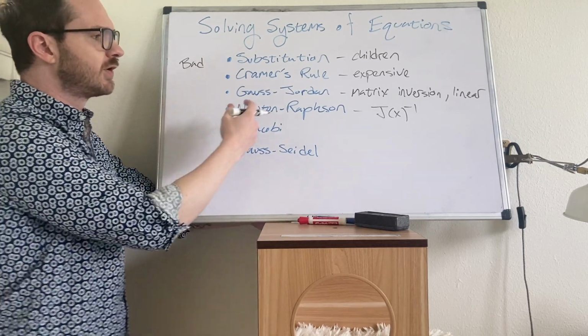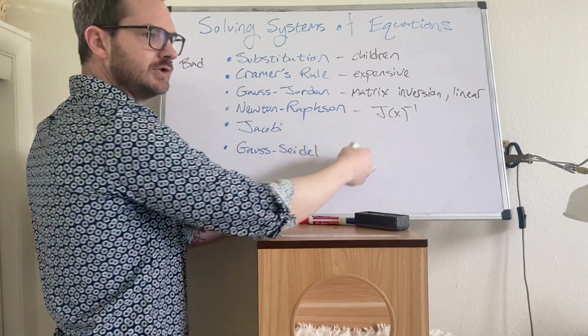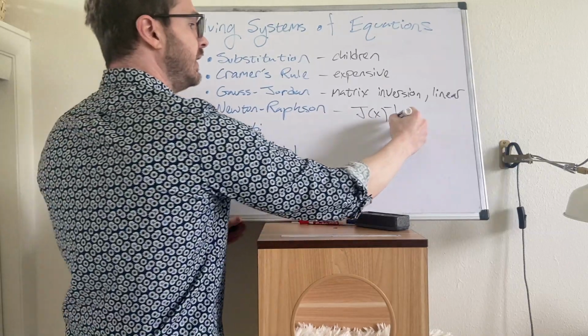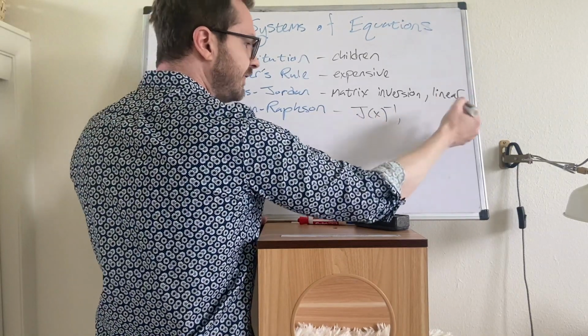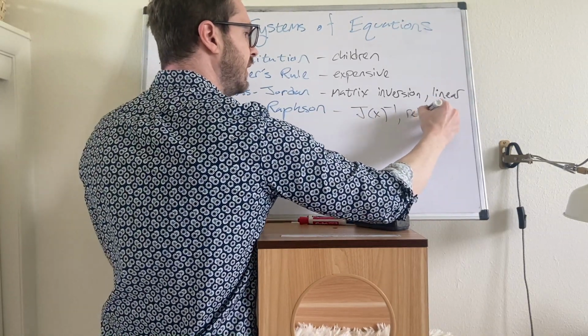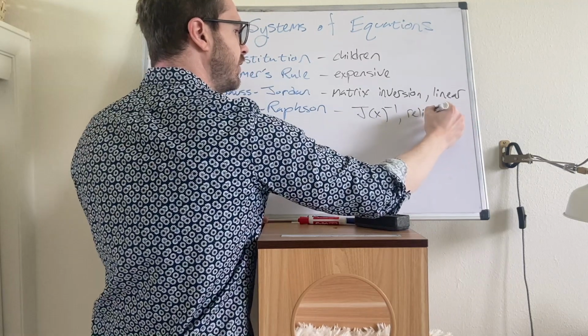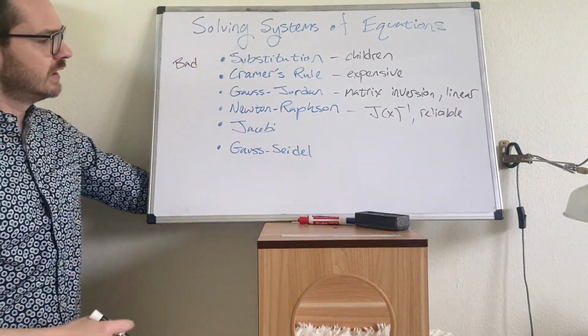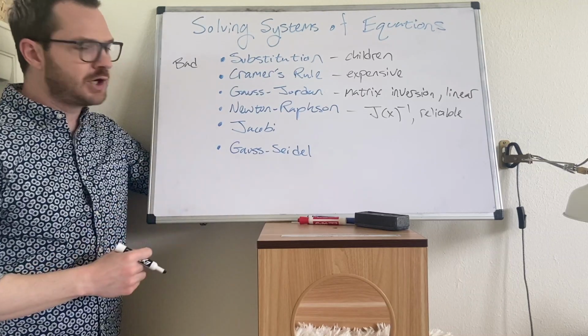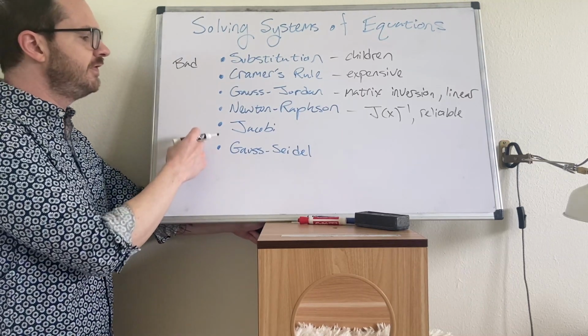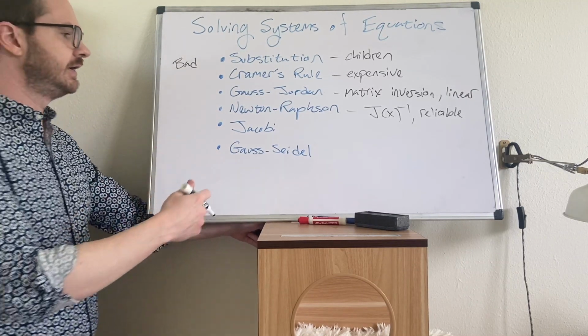So Newton-Raphson requires that you do this matrix inversion repeatedly, but it's fairly fast, and it's also reliable for nonlinear systems. So these last two, Jacobi and Gauss-Seidel, both of these can be used for nonlinear systems.